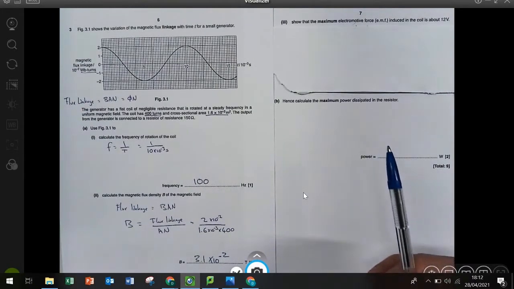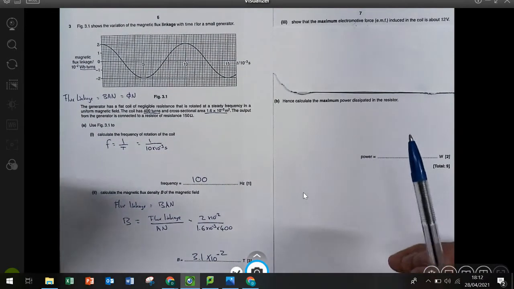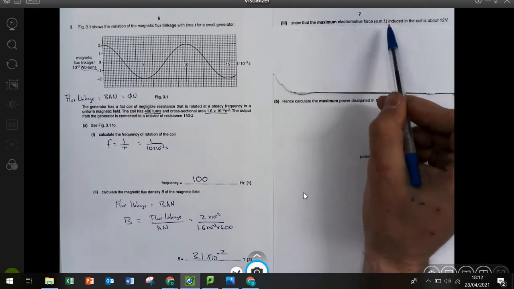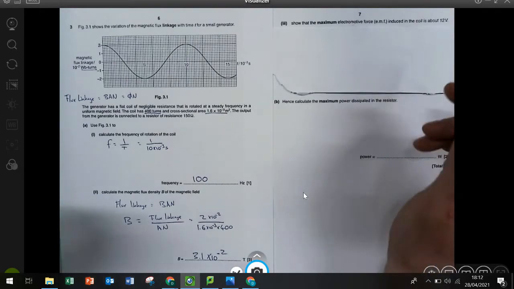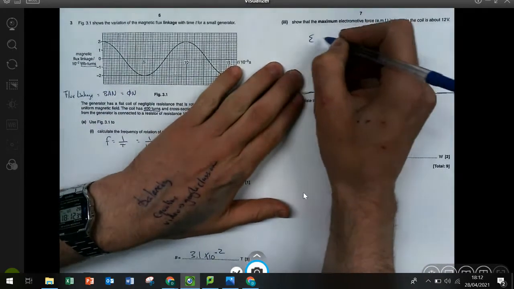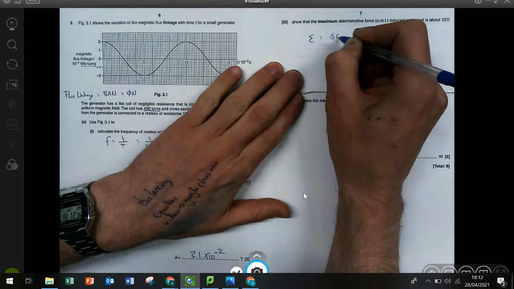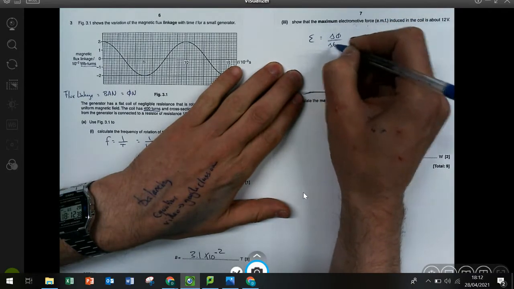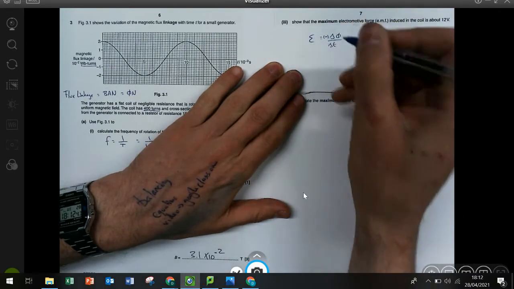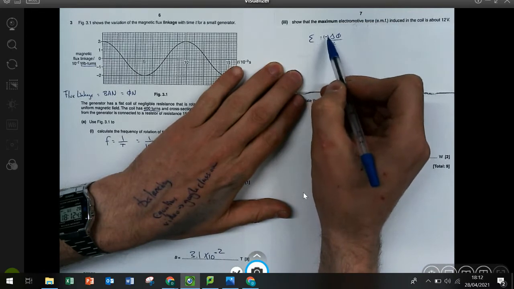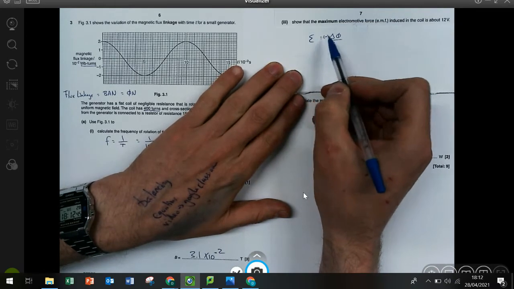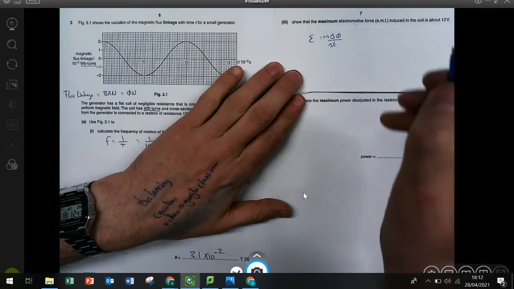Part III. Show that the maximum electromotive force induced in the coil is about 12 volts. So for this, we need to know that the EMF is the rate of change of flux. There is actually a minus sign there to show the direction, that it opposes the change that created it, which is Lenz's law, but we don't actually need that.